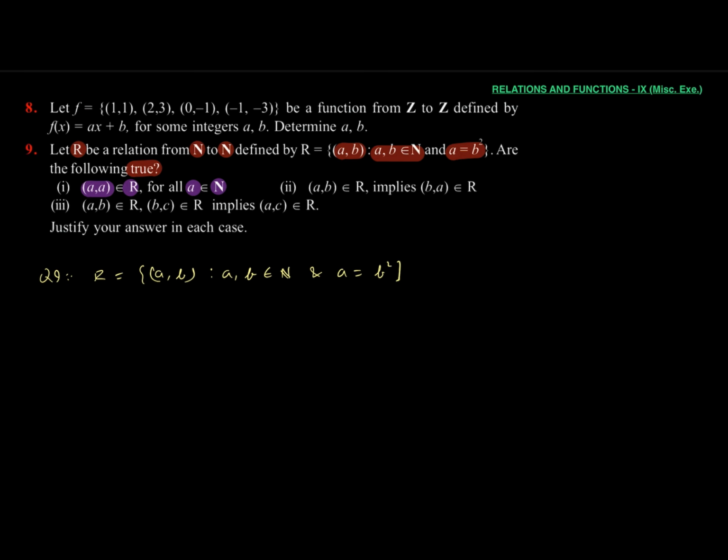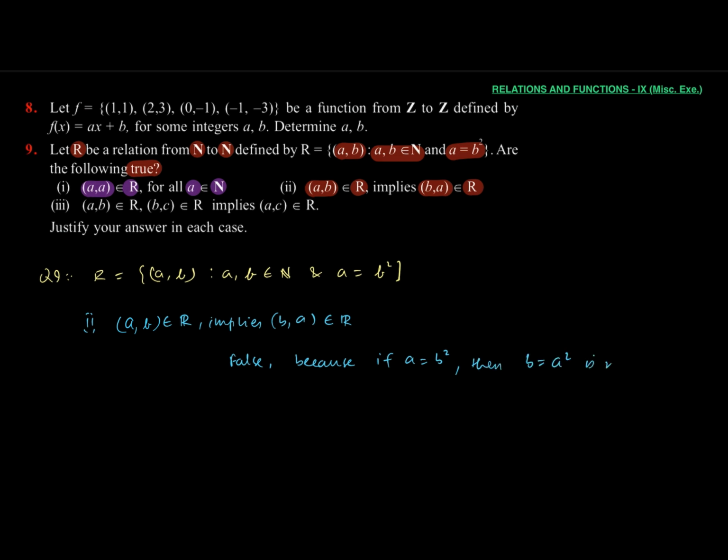Part number second, a comma b belongs to R implies that b comma a belongs to R. So this is part number second. Here we have a comma b belongs to R implies b comma a also belongs to R. This again is false, because if a is equal to b squared, then b is equal to a squared is not true.